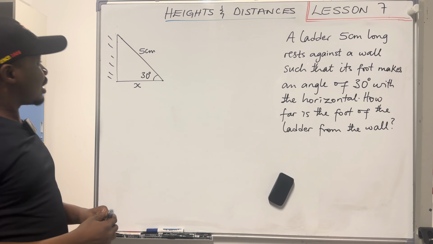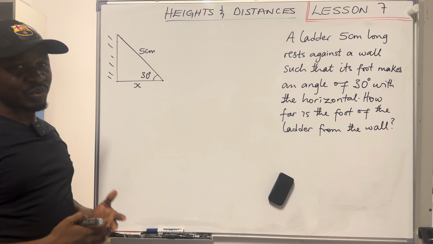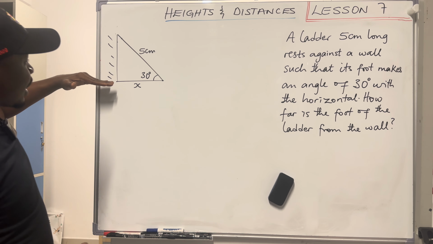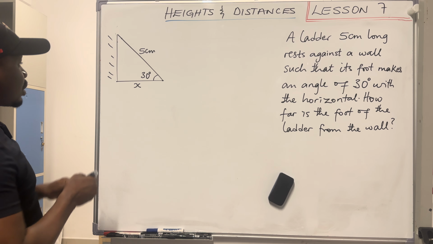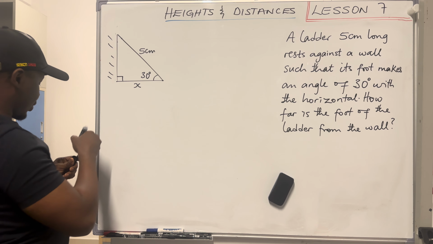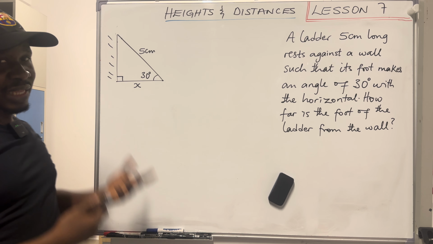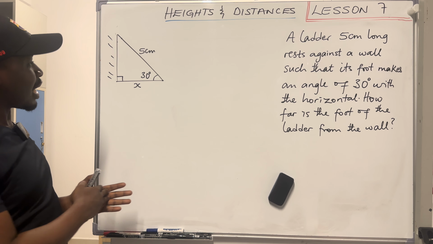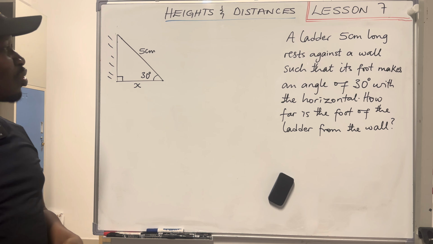It is always true that any vertical line that meets any horizontal line will form 90 degrees. Therefore, this is a right angle triangle. Finding solutions in right angle triangles most times is not difficult.